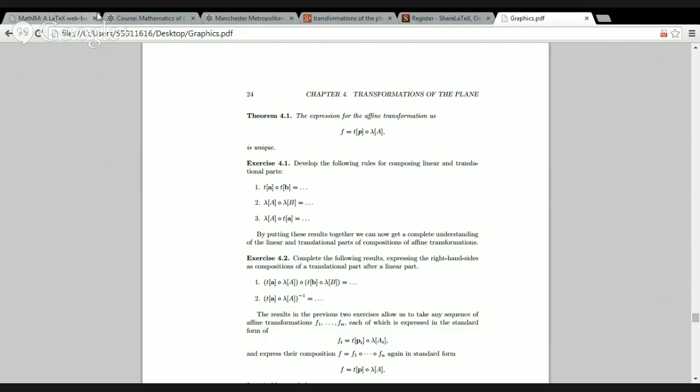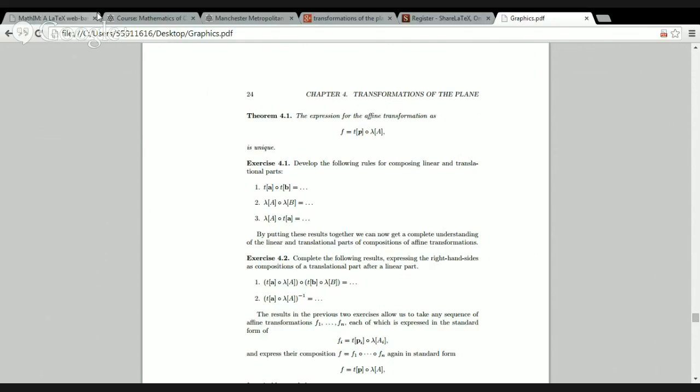So how in general do you compose two affine transformations? Here's one affine transformation, translation vector B, linear transformation B, and there's the other one with A. Well, you're just applying combinations of these rules that we just looked at. First of all, function composition is associative. So all these brackets around the various parts, you can just forget about them, because it doesn't matter how you evaluate this thing in pairs.